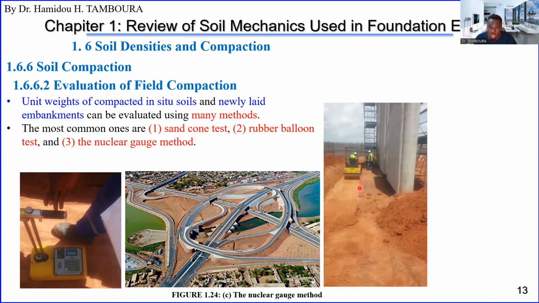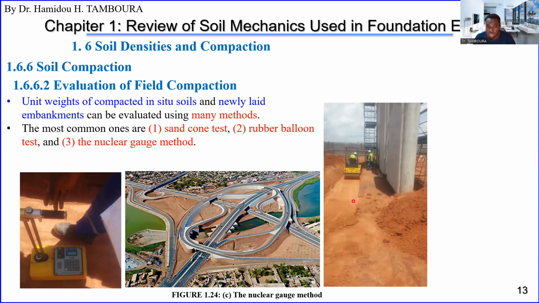As you can see here, the difference between this level and here. So we have to compact around this foundation. For those who think that for a foundation we don't need to compact, that is not true. We have to compact. Otherwise, water can destroy this foundation very easily.